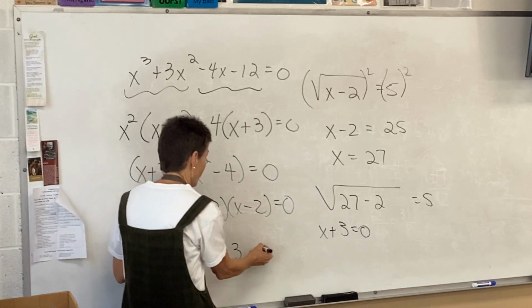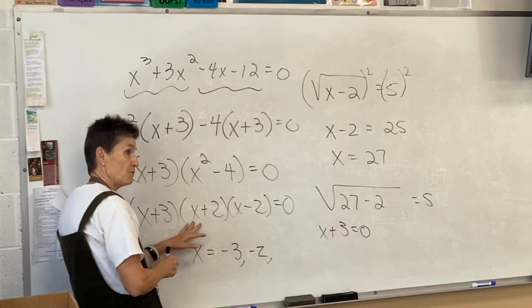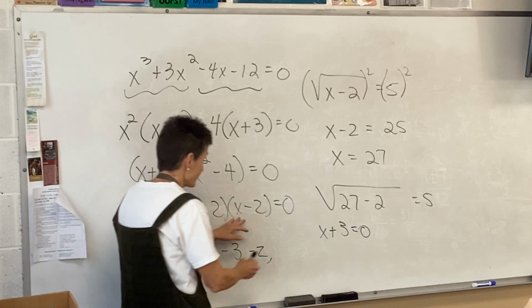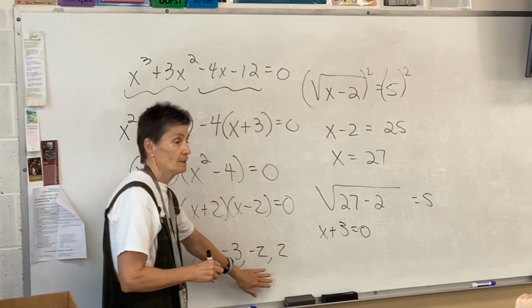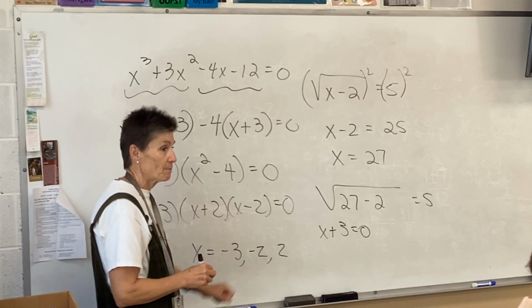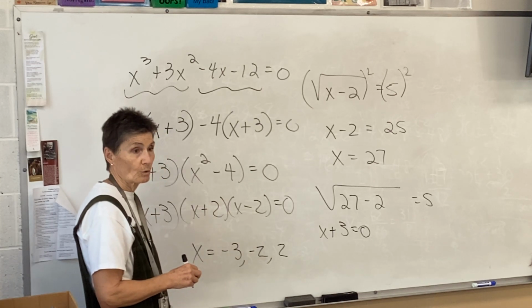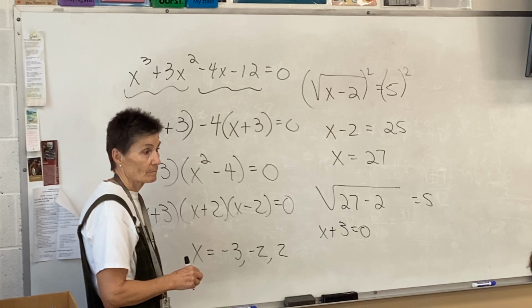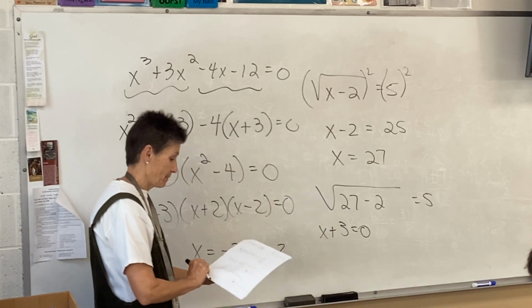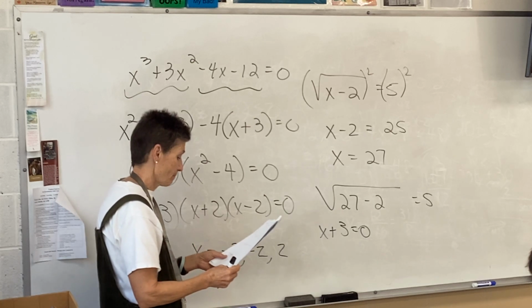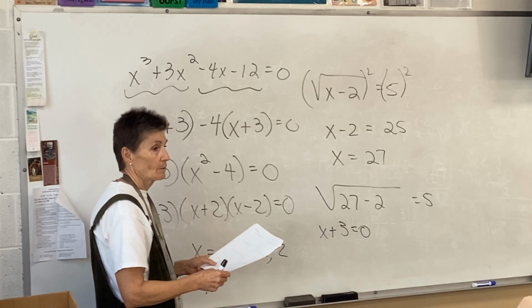And then x equals -2? Or x equals +2? And the order of those doesn't matter. I just put them in the order I have a factor, but you can put those in whatever order. Okay?